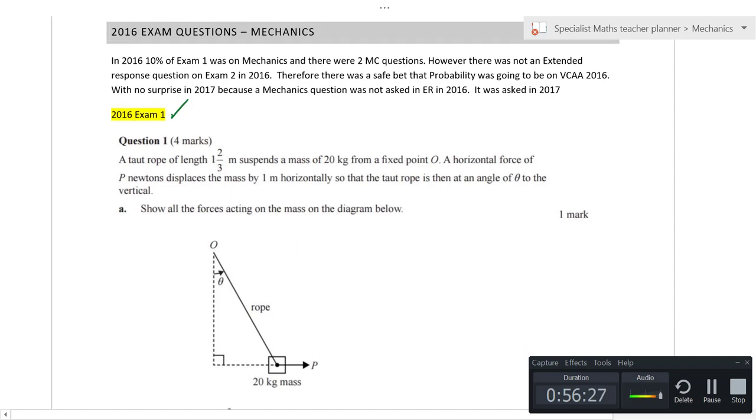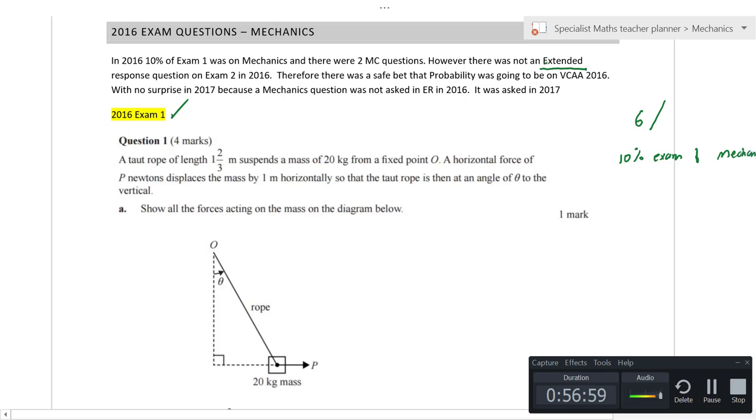Then there were two multiple choice questions, just two. However, there was not an extended response question in 2016. So there were 6 marks, 10% of exam one, on mechanics.